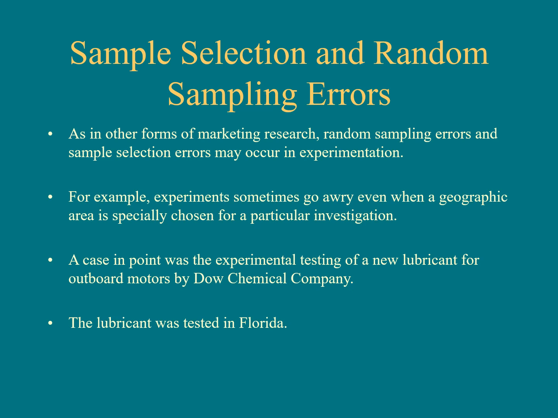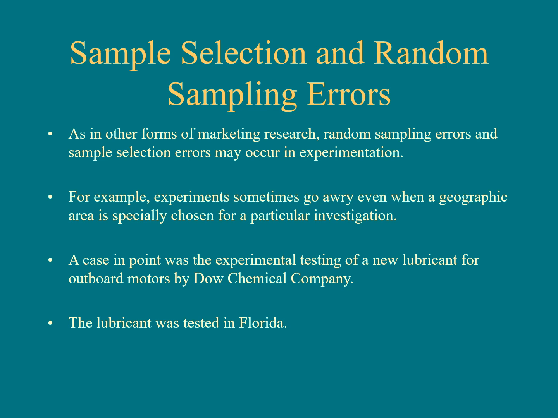Sample selection and random sampling errors. As in other forms of marketing research, random sampling errors and sample selection errors may occur in experimentation. For example, experiments sometimes go awry even when a geographic area is specifically chosen for a particular investigation.